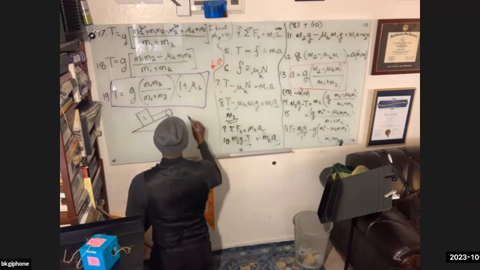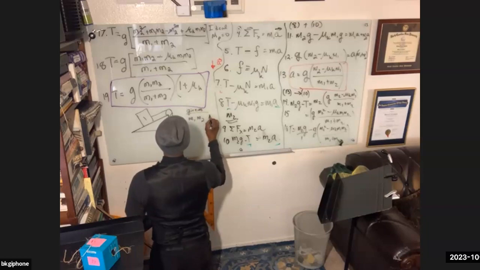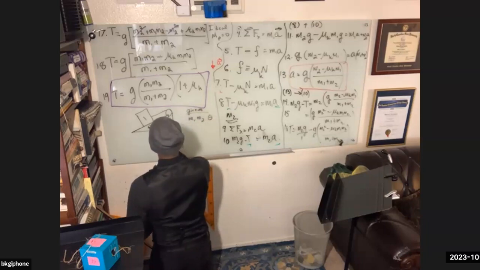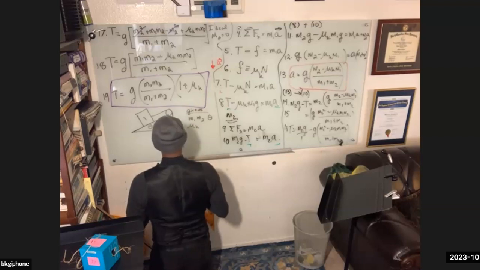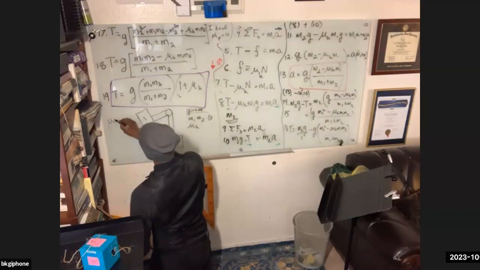Okay. Now everything that's given now is M1, M2, theta, which is here, and also mu k, the coefficient of kinetic friction on the surface.